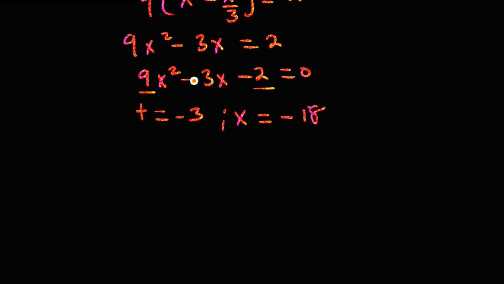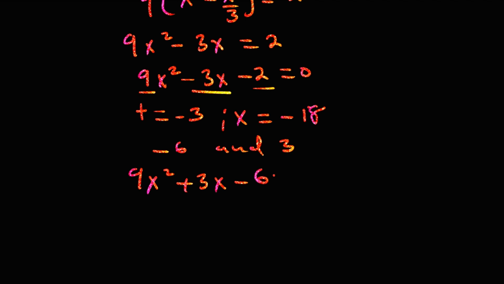Those two numbers are -6 and +3. So we split -3x into -6x and +3x so that we have 9x squared plus 3x minus 6x minus 2 equals 0.